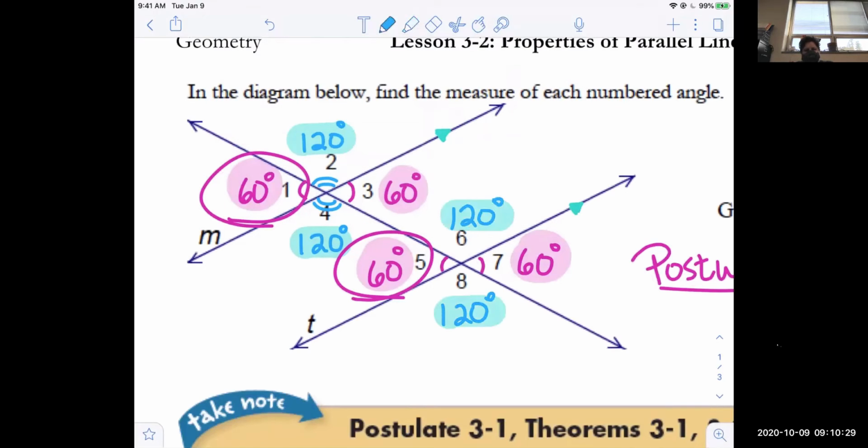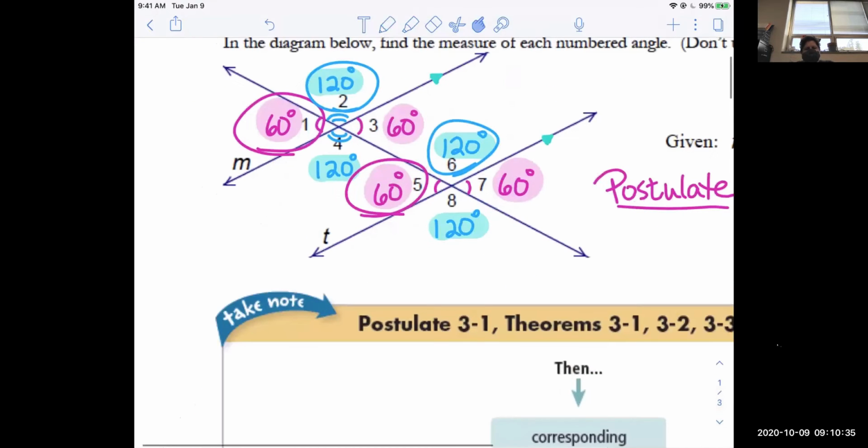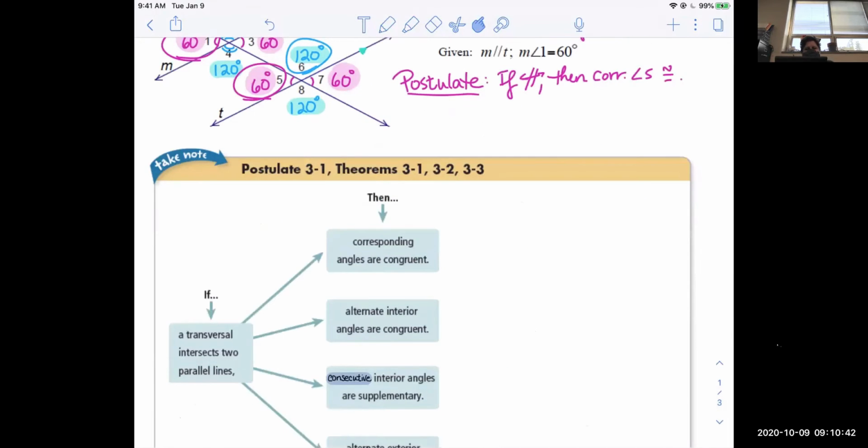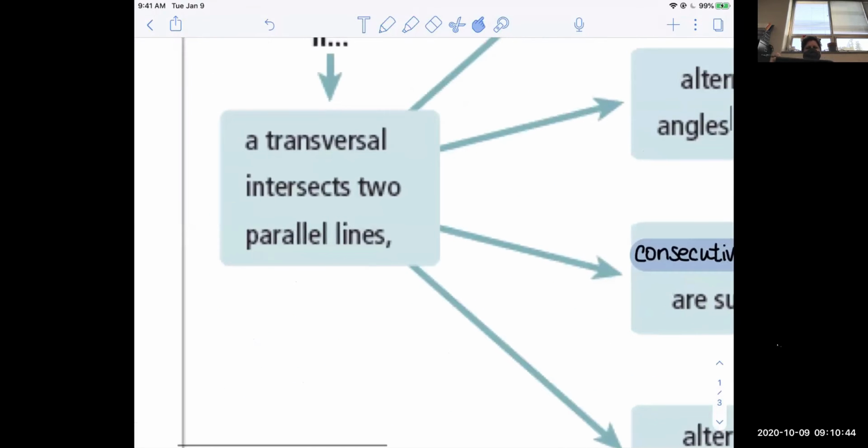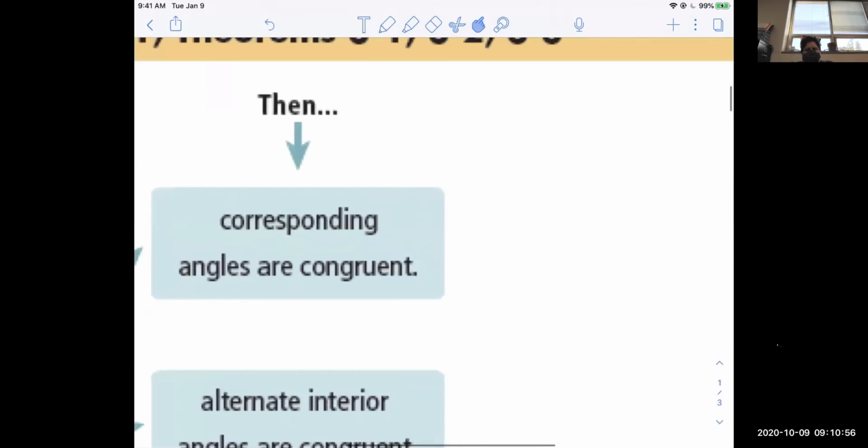So we could say that 120 is congruent to its corresponding angle, etc. Okay, but when we jump from the top group to the bottom group, we have used that the lines are parallel. So the first postulate was if parallel lines are cut by a transversal. Now they've written it as if a transversal intersects 2 parallel lines. You can say it that way, or you can say it as I wrote above, but I'm going to use that symbol.